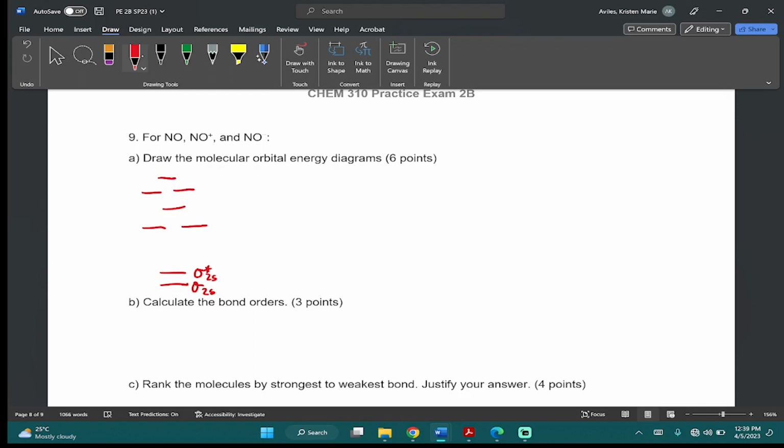These are lower in energy. Our pi 2p is lower in energy than our sigma 2p. If we had O2, F2, and Ne2, these orbitals look slightly different. They look like this, where our sigma 2p is lower in energy than our pi 2p because we don't have high sp mixing.